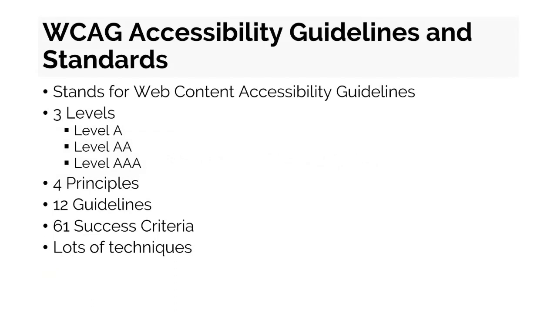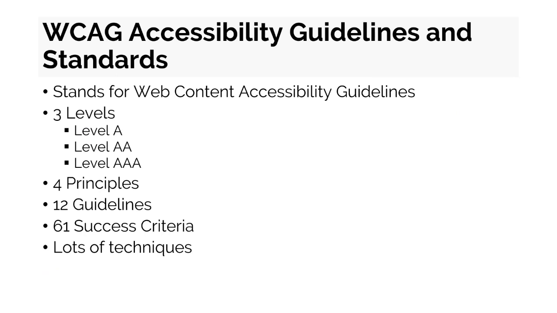When we talk about accessibility, we will be referring to WCAG. It stands for Web Content Accessibility Guidelines. It's the standard that is being used across the world, provided by W3C. It's a bit complex.